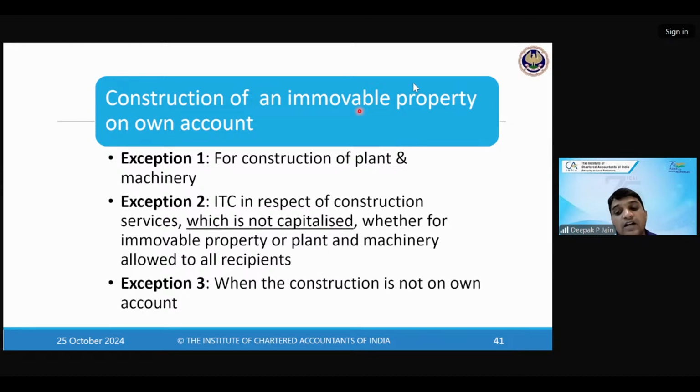And when the construction is not on own account, a developer or builder who is not constructing on own account, then he can claim the credit, and on plant and machinery, he can claim the credit. But if he is doing a building, a factory, a warehouse, a godown on his own account, which he is using for his own business, credit will not be available.